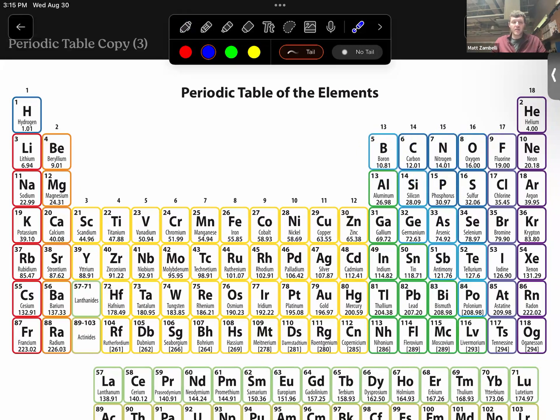Those numbers are the number of protons. So we don't have to worry about anything else. Those are just our proton numbers. We can use those numbers always.